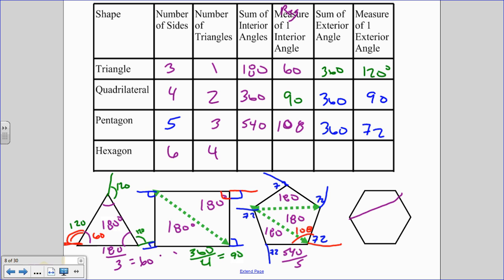1, 2, 3, 4. So it would be 4 times 180, because 1 times 180 was 180, 2 times 180 was 360, 3 times 180 was 540, so it's 4 times 180 this time.